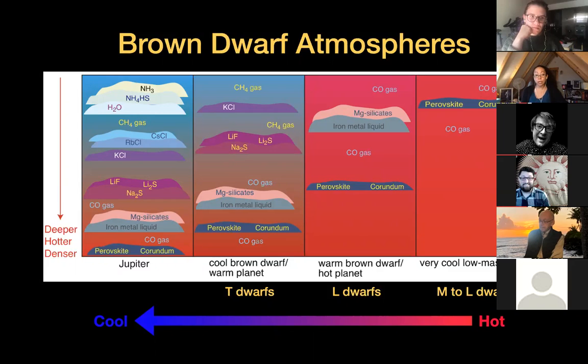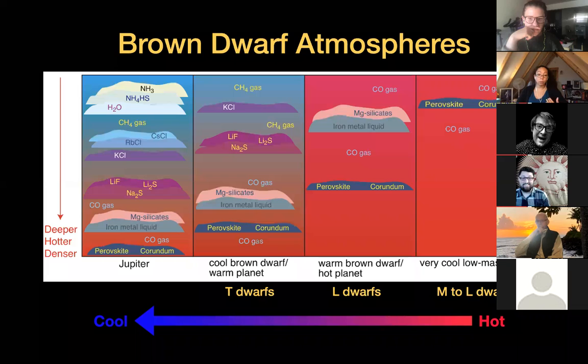If you start with the atmosphere of Jupiter and peel off the top cloud layers down to the methane gas, you move to a T dwarf, which can either be a cool brown dwarf or warm planet. Peel away even more layers down to the CO gas, and you move to L dwarfs, which are warm brown dwarfs or hot planets, and if you peel away even more, you're moving to the very cool low mass star regime.